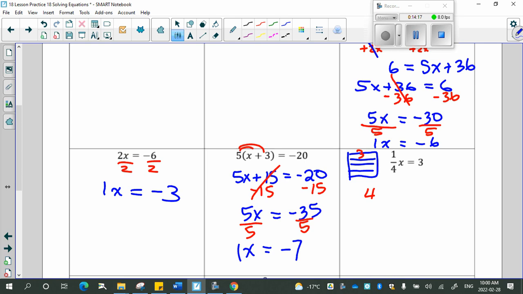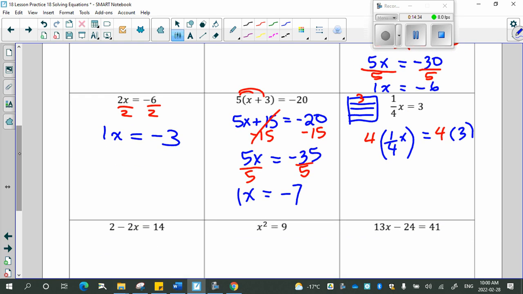So think about this. Really think about it. Whatever you do to one side, you do to the other. So these 4s are my algebraic thinking. Remember, what's the denominator of a 4 if I don't show one? A 1. So on this side, I end up with 4 times 1 times x, 4x, over 1 times 4 is 4.